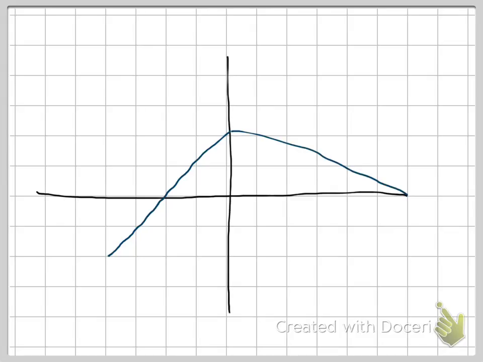Something like that. Okay? And let's label a few points. Let's label this thing A, this B, let's call that 0, and let's call that C. Some x values. That's what we're interested in here.